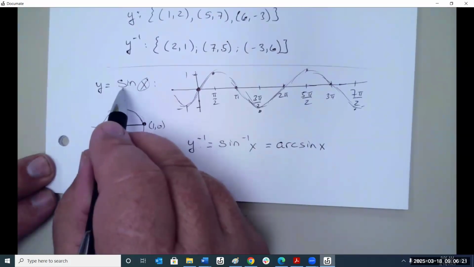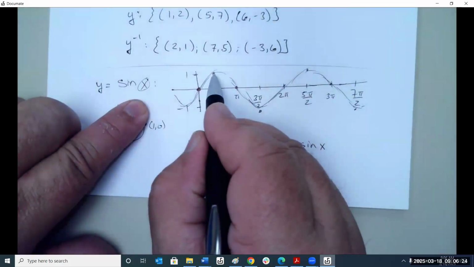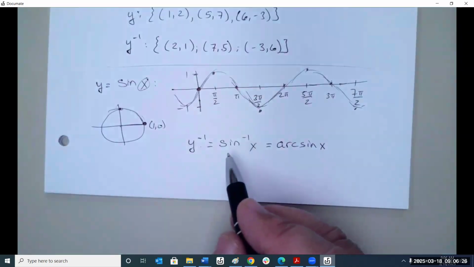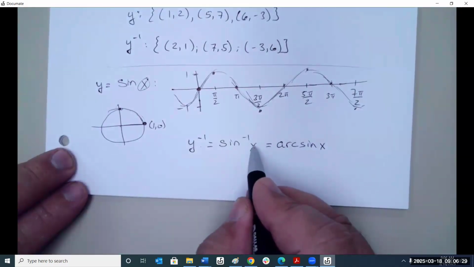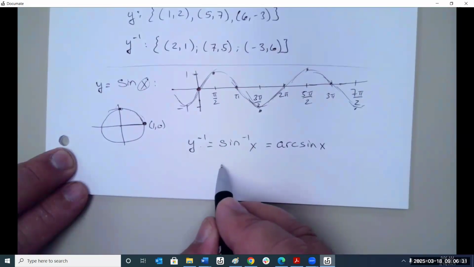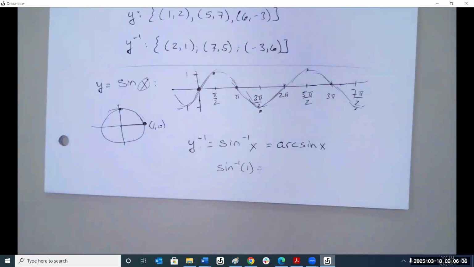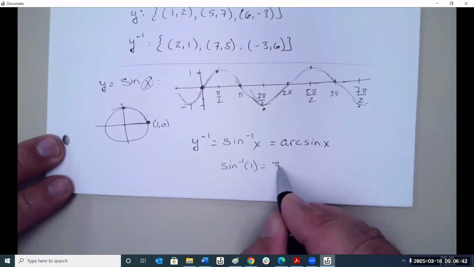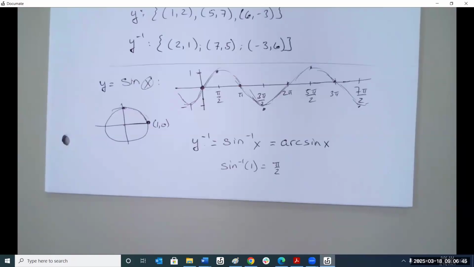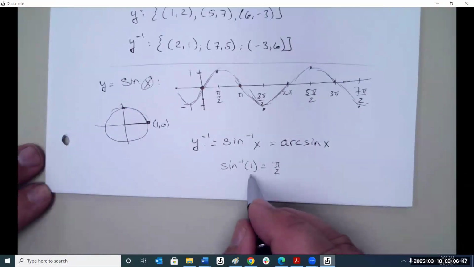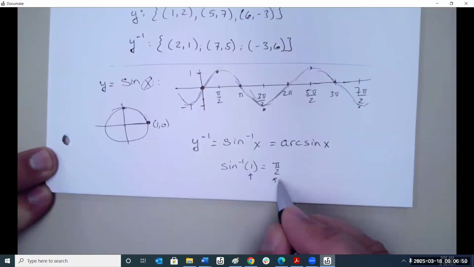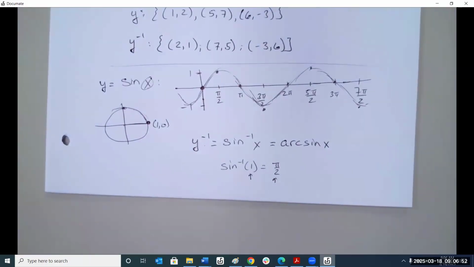If I put pi over 2 in there, what do I get? 1. Here I have to work backwards. I put the radian measures. If I put 1 inside here, the inverse sine of 1 is equal to pi over 2. So here I put the answer, and here I get the angle. You have to think backwards when we deal with inverse functions.